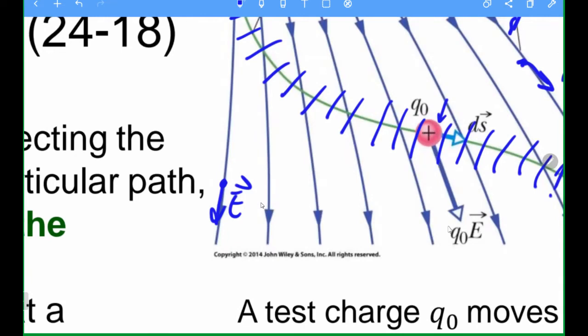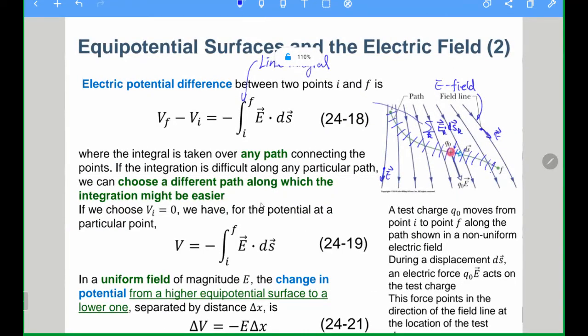So we can come up with E dot ds for every small segment, and then we add all of them together. We add all of them together, so that it becomes the line integral of E dot ds.